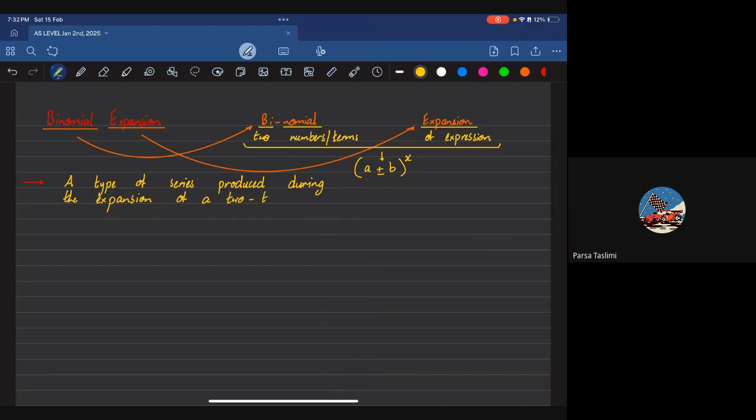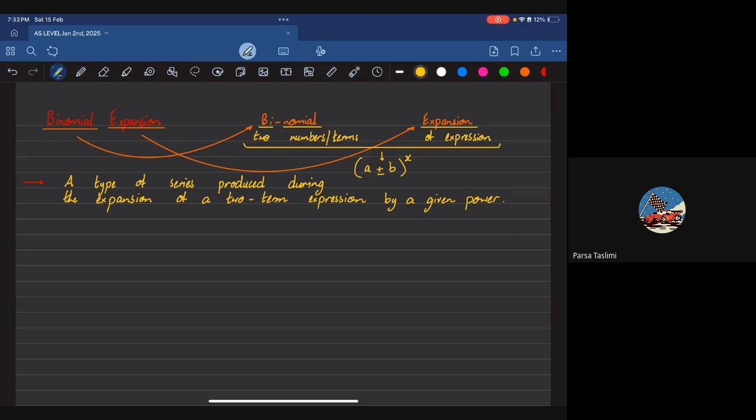So in very simple words, it's a type of series or a sequence produced when you expand a two-term expression by a given power. Clear?